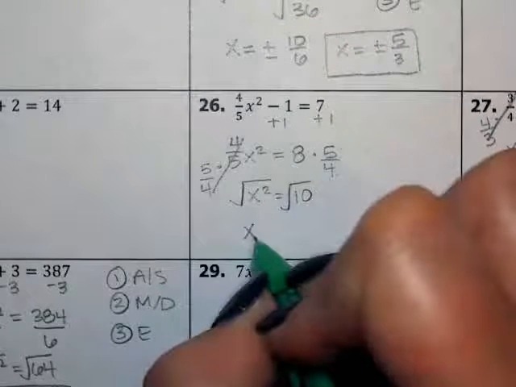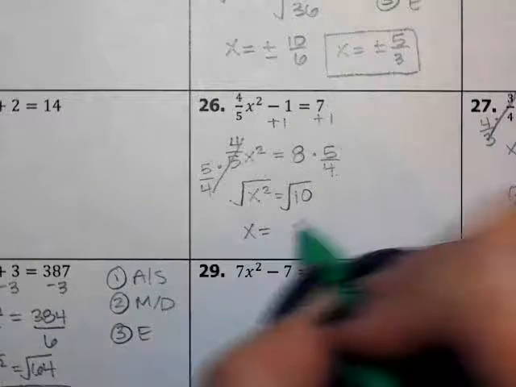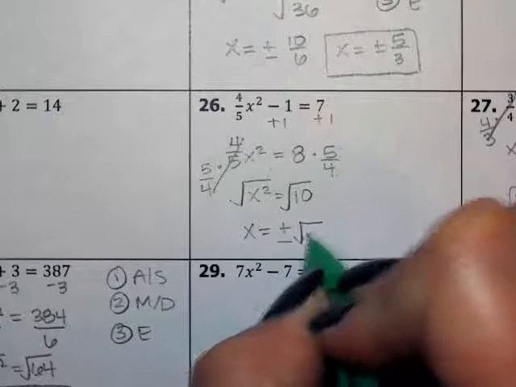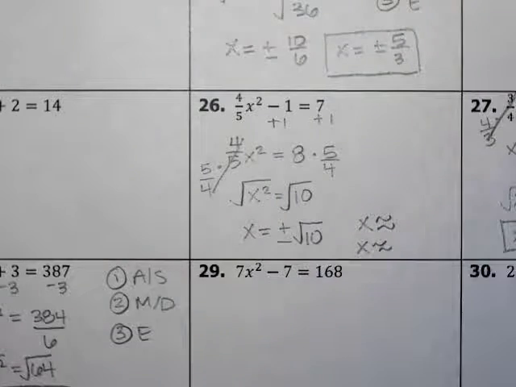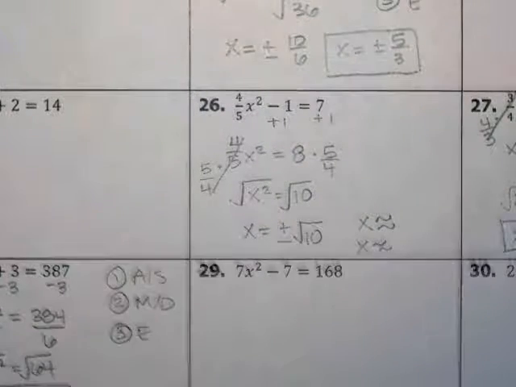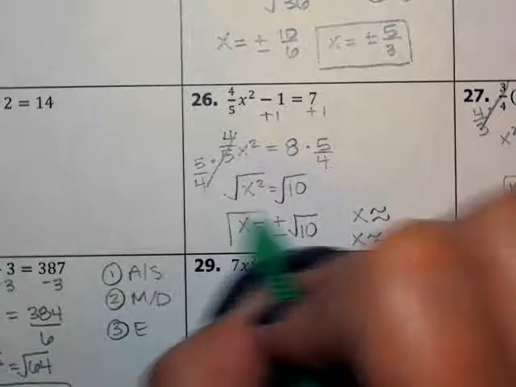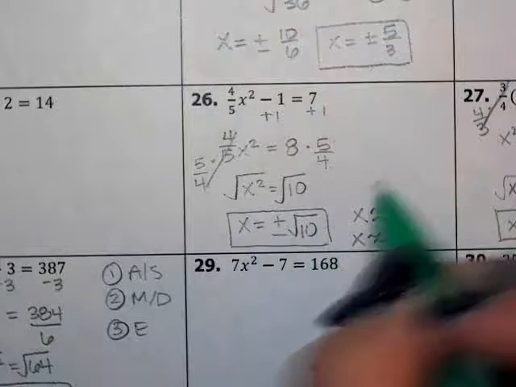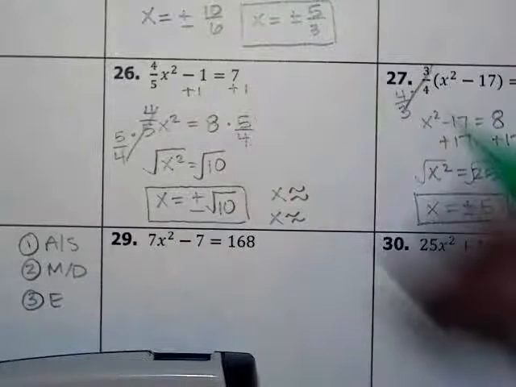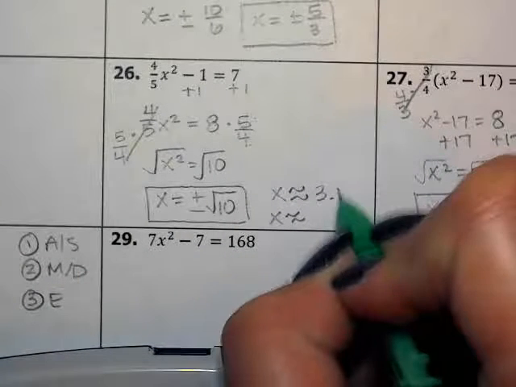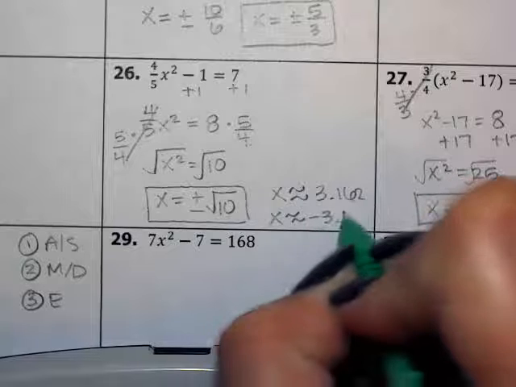Okay. And then we are interested in the approximate answer for this one because that was not a perfect square. When I was doing the book things on my homework, they weren't like the same number.